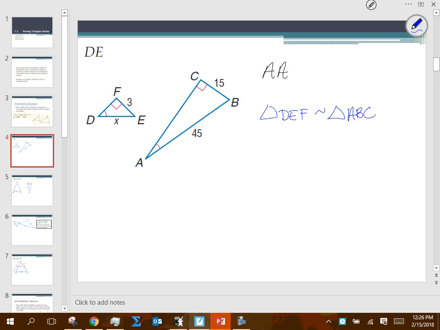If you don't do that, you're going to make mistakes, especially on the next question and maybe the one after that, because without that similarity statement in this question, you could say, I'm just going to compare the upper right segments, 3 and 15, through ratio, and I'm going to compare X and 45, the bottom segments, and I'm going to get the right answer.